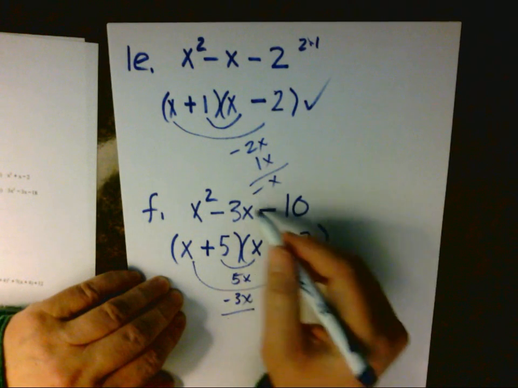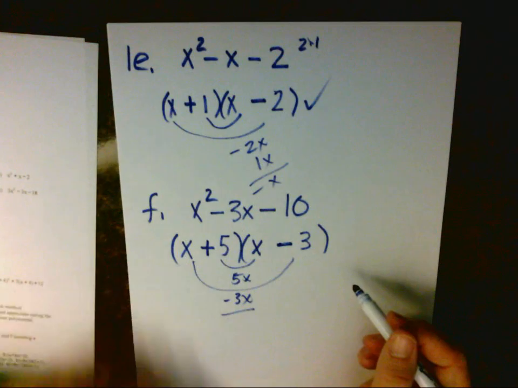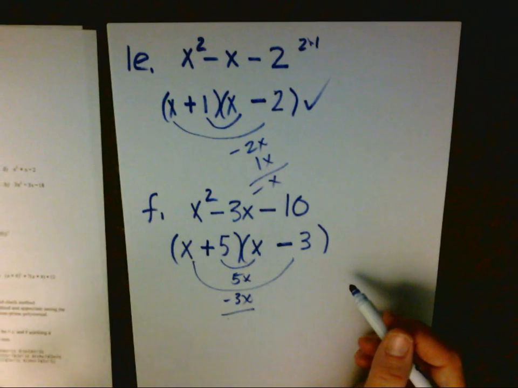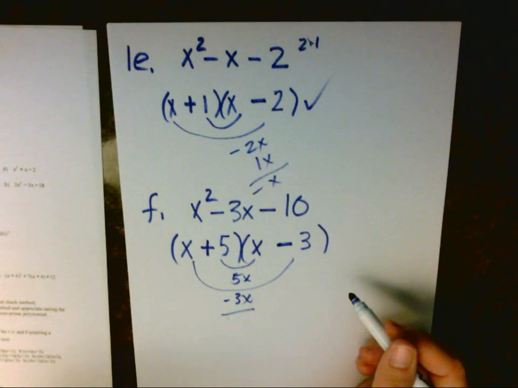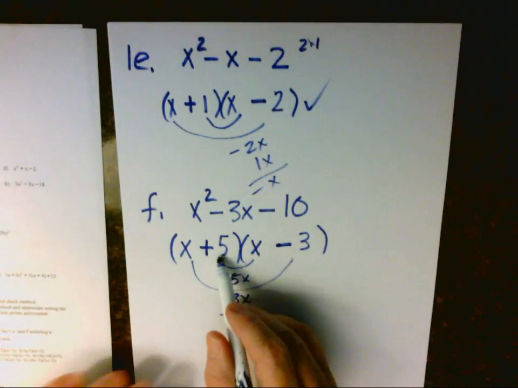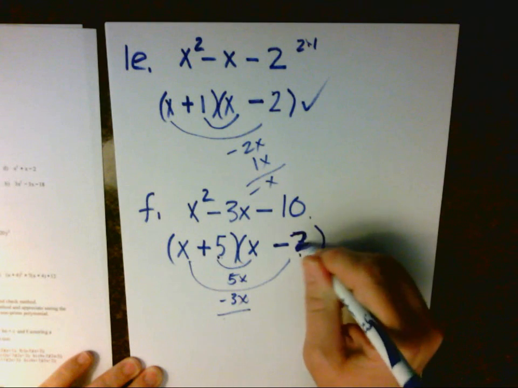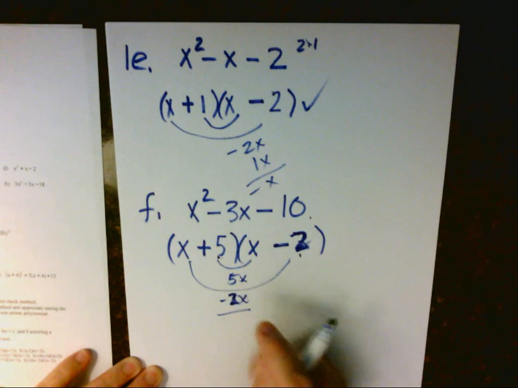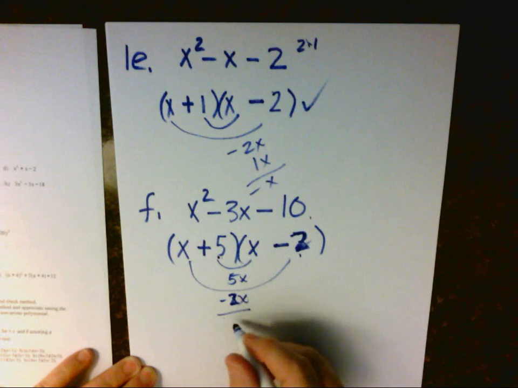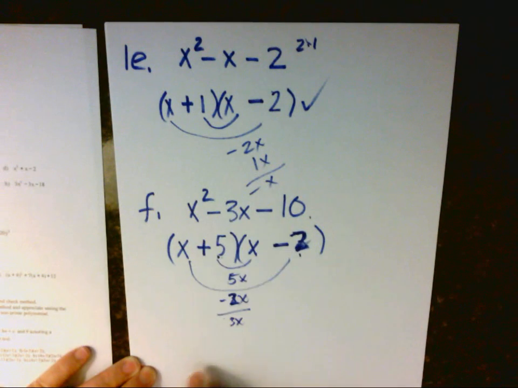That makes a positive 2x. That's not it. Did I copy this correctly? Yes, but 5 times 3 isn't 10, is it? This needs to be a 2. Okay, so that should be a 2 there. That gives us a positive 3x, and we need a negative 3x.